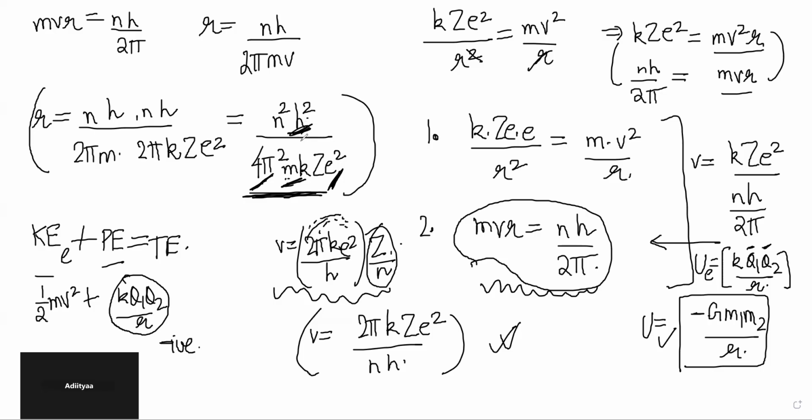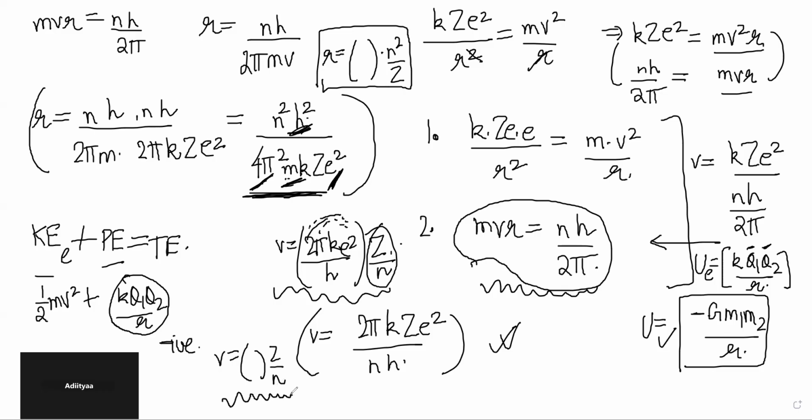So the formula can be written as r is equal to some constants into n square by Z, right? Do you understand? Here it was v is some constants into Z by n, correct? Here it is r is some constants and n square by Z, right?